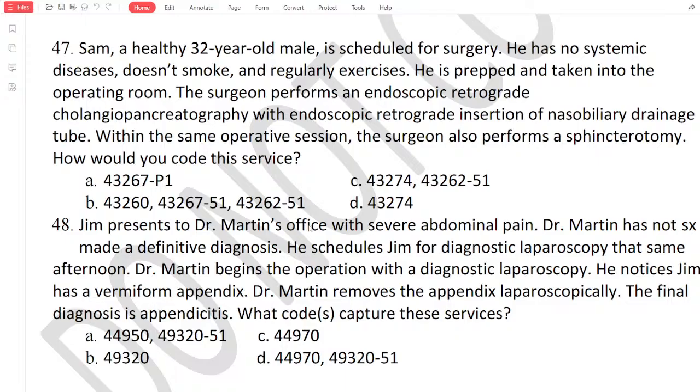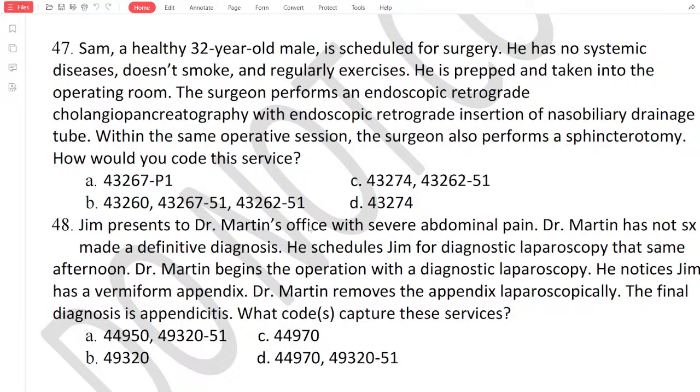Next is Jim, who presents to Dr. Martin's office with severe abdominal pain. Dr. Martin has not made a definitive diagnosis. He schedules Jim for a diagnostic laparoscopy. He notices Jim has a vermiform appendix. Dr. Martin removes the appendix laparoscopically.